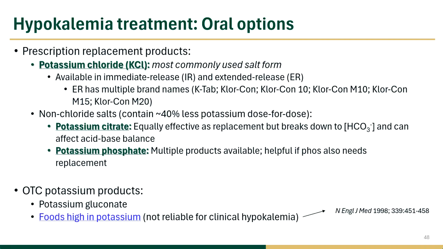Foods that are high in potassium: the hyperlink there is to a New England Journal of Medicine article from 1998. They did an assay to figure out how much potassium is in certain types of food. That's where the idea that every inch of a banana contains 10 milliequivalents of potassium comes from, which is something I've heard for a while. I'm not really sure that's the case, but it came from that study back in 1998.